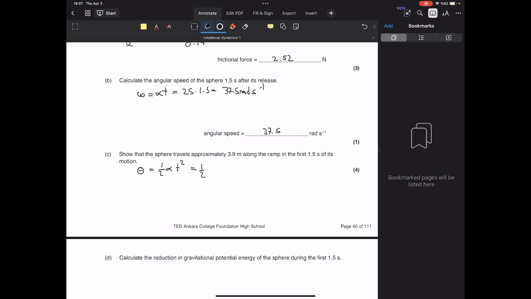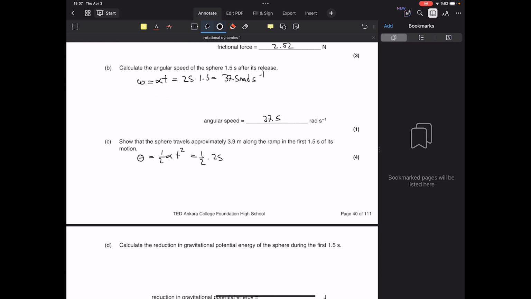So that will be 1/2 times 25 times 1.5 squared, which is 28.125 radians.